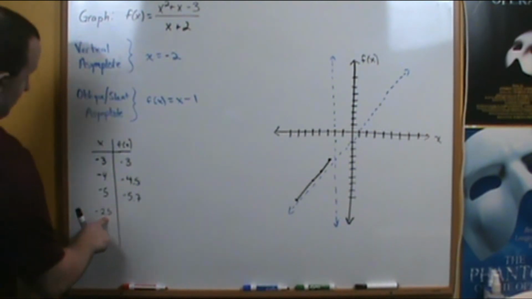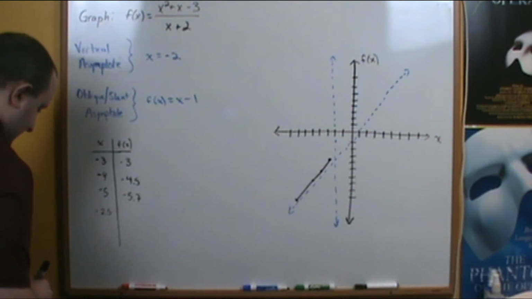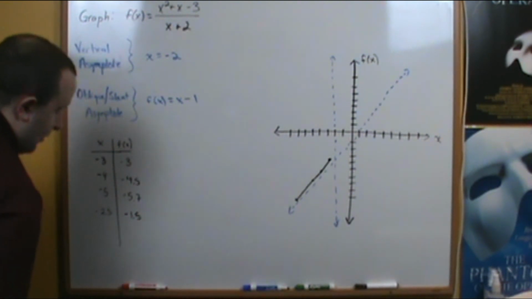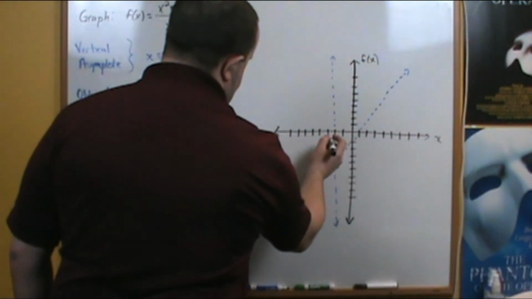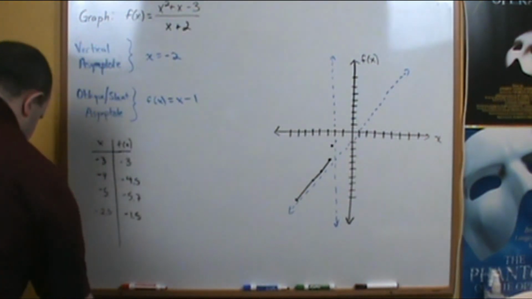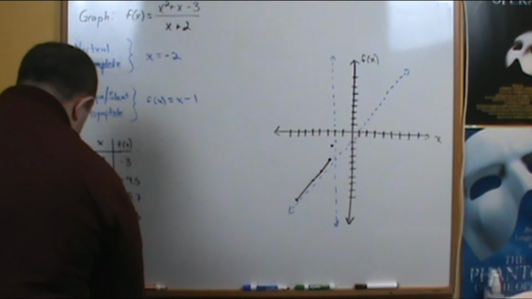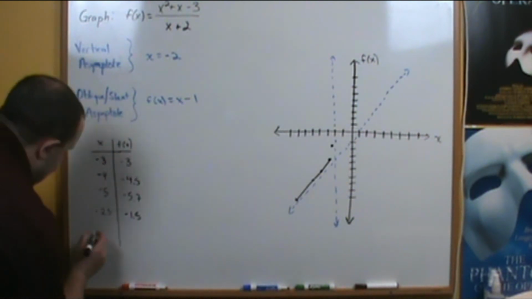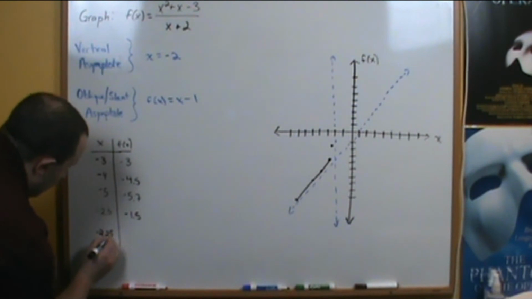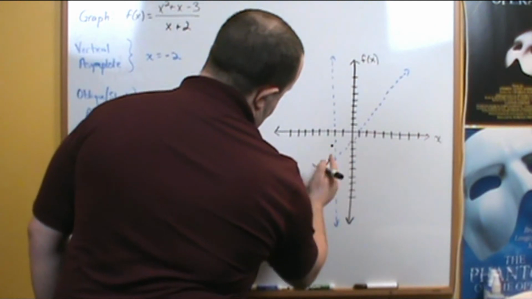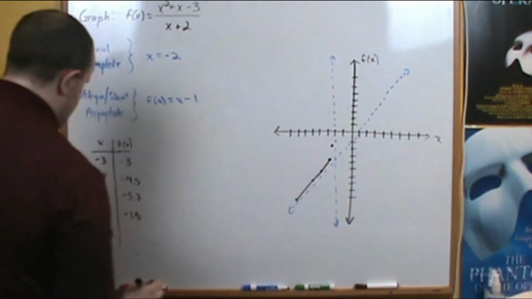Well, if we evaluate this function f of x at negative 2.5, we get a y value of about negative 1.5. So at negative 2.5, the value is right about here. We could further look at the function here and evaluate it at negative 2.25 to see what happens after this point, if it keeps coming up towards this vertical asymptote as well.